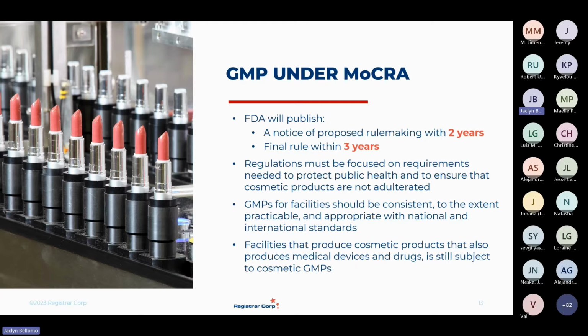Most of industry is very worried about the cosmetic good manufacturing practices differing too greatly from other standards such as ISO 22716 and creating a different practice requiring an overhaul to all factories that currently follow GMP for cosmetics and have to introduce a new standard.